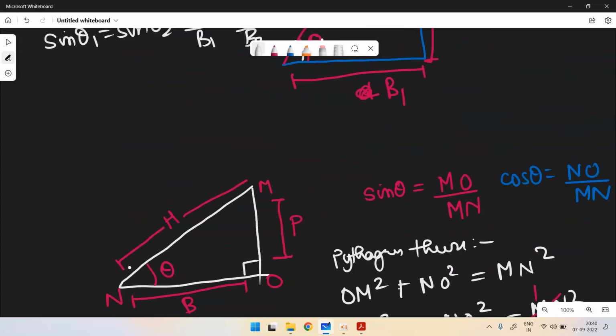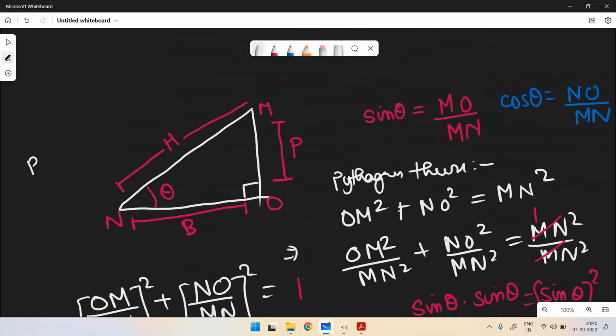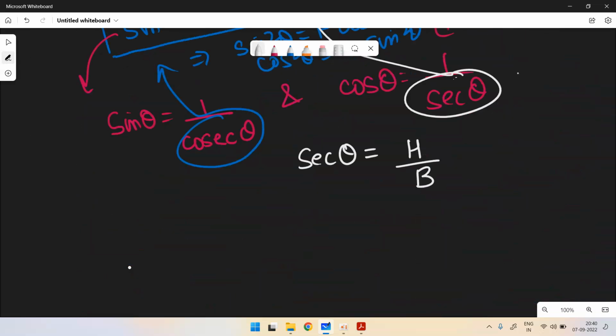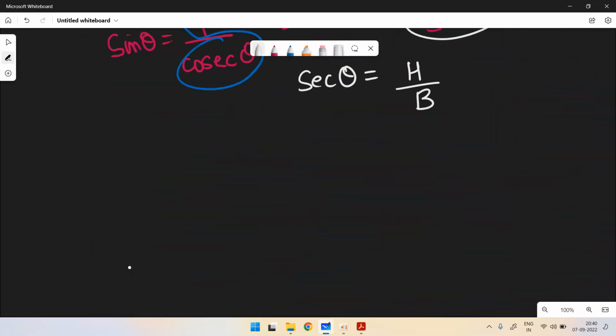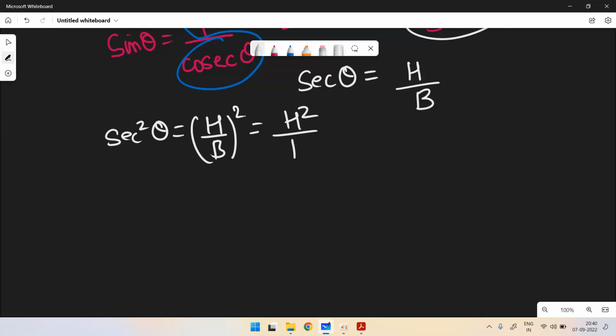And from Pythagoras theorem, this is b square plus p square equal to h square. Now if you take secant square theta, that is the squaring of this, I can write this as h square by b square.